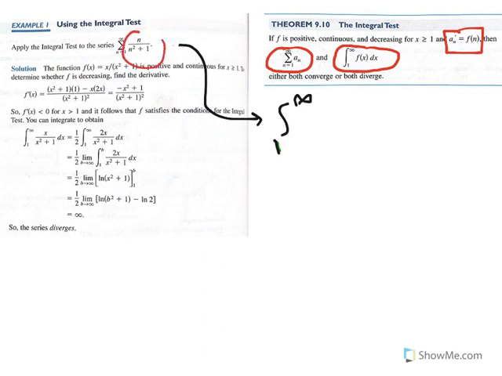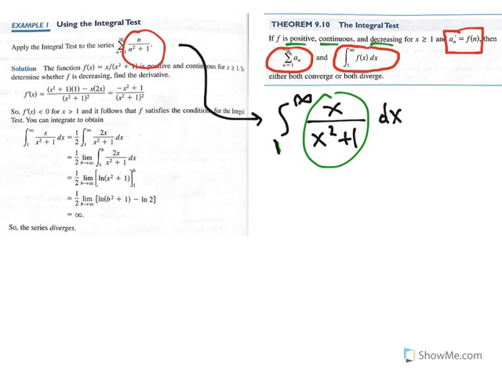The rule for the nth term of the infinite series is n over n squared plus 1. So the integrand will be x over x squared plus 1 dx. The integral test states that if this function is positive, continuous, and decreasing for x greater than or equal to 1, or possibly some other integer, then the integral test applies.